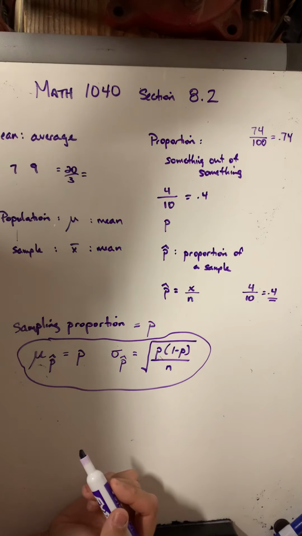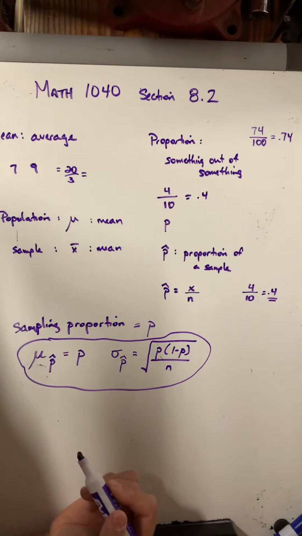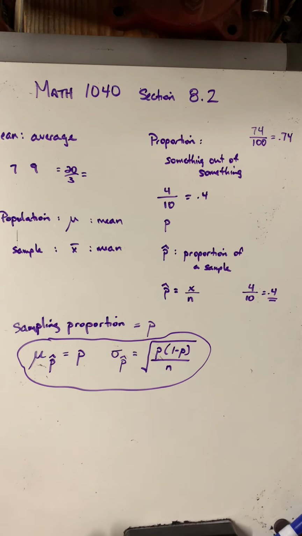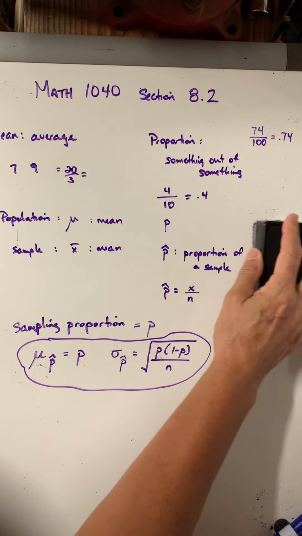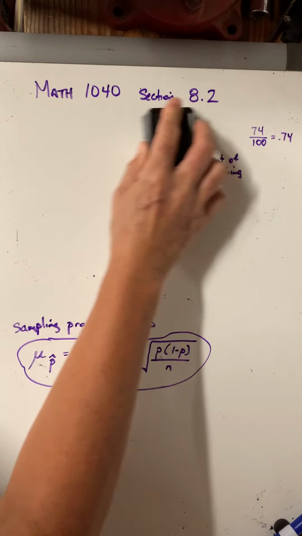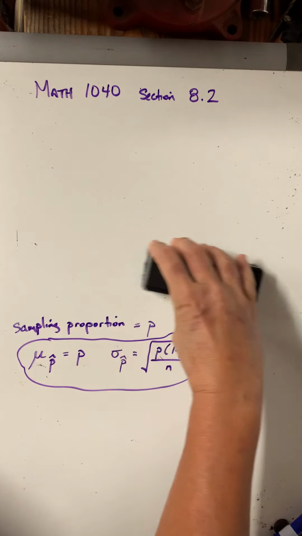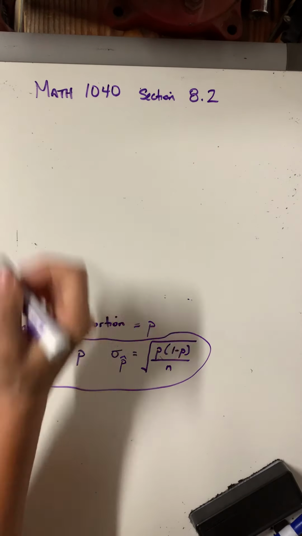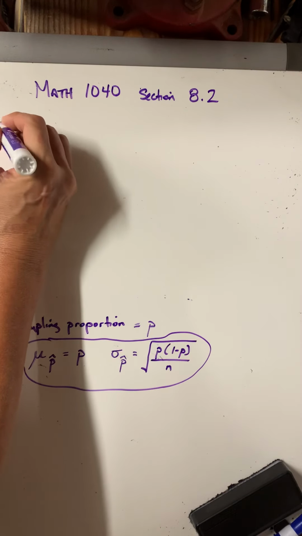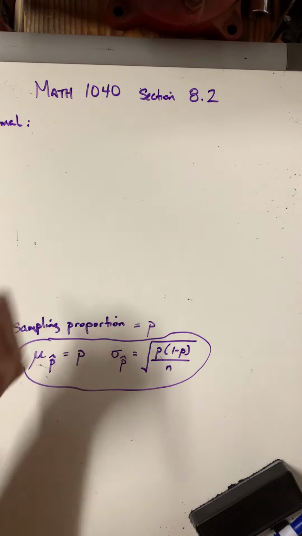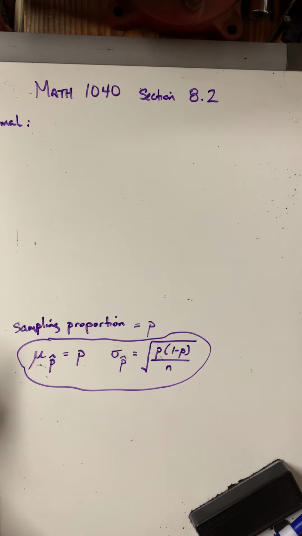And so let me talk about what you're going to do on these problems. So the structure of the questions are going to feel similar to what we did on 8.1. What did we do on 8.1? Well, we first had to check that it was normal, right? And for this section, that check is a little bit different. So the question is, is it normal? Now, how do we check that in 8.1? Well, either it came from a population that was normal, or our sample size was greater than or equal to 30.